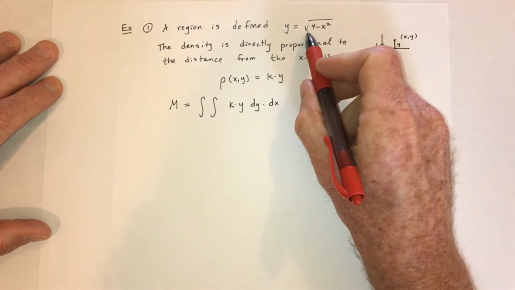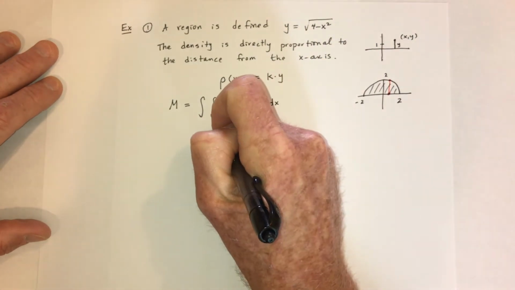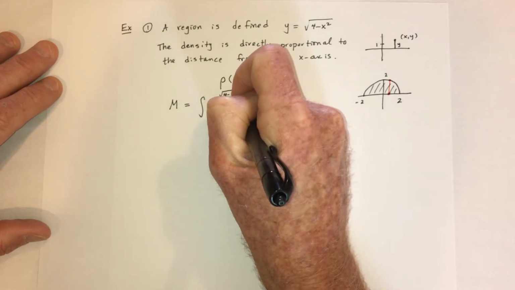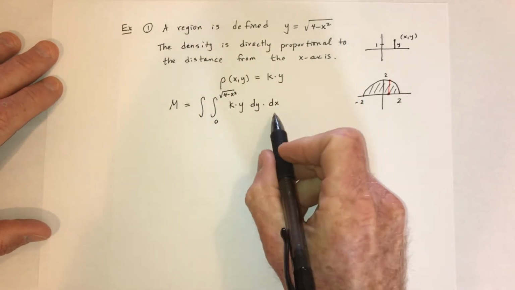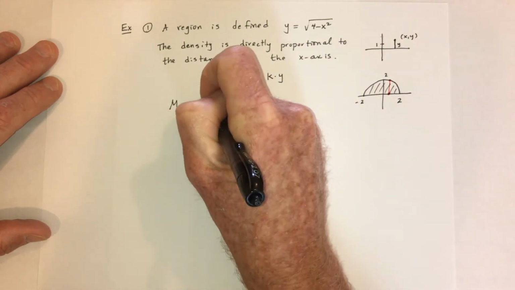So that would be when y equals this square root. So it would go from 0 to the square root of 4 minus x squared. And then for x, you can see on the x-axis, x is going from -2 to 2.